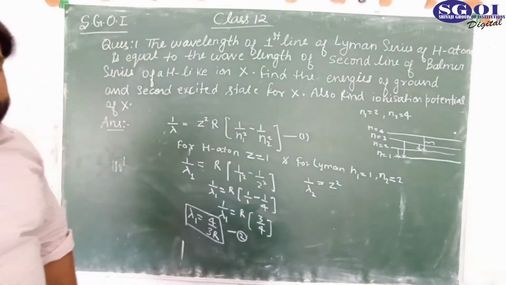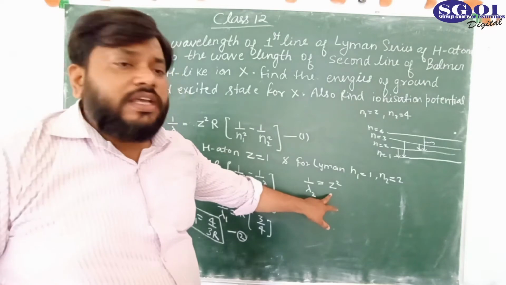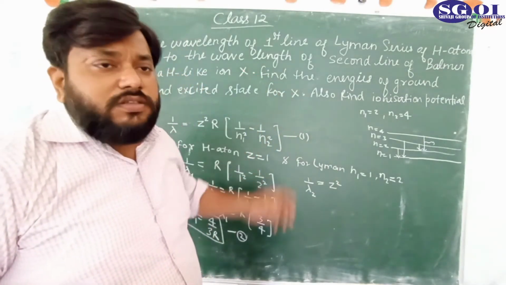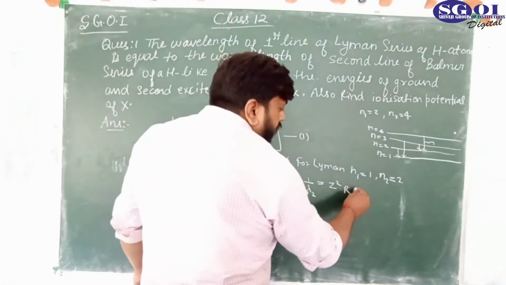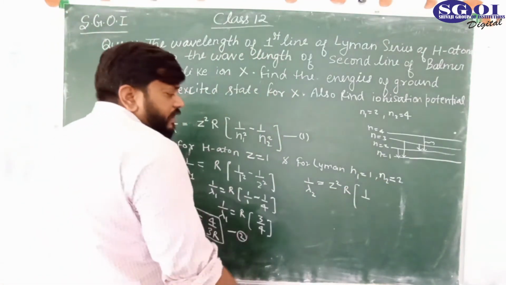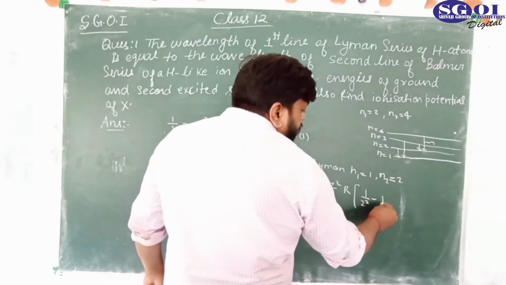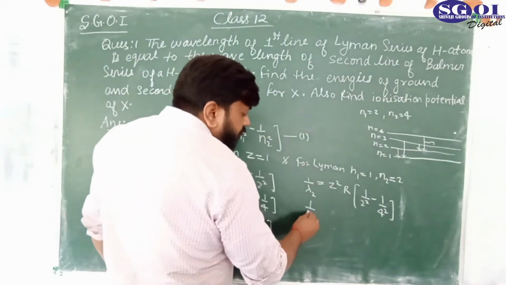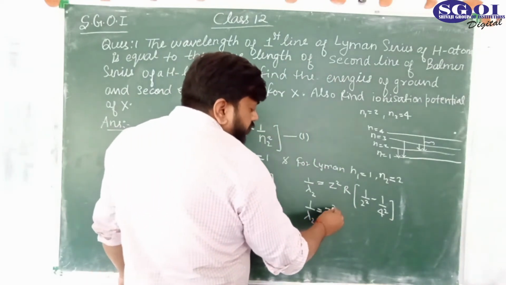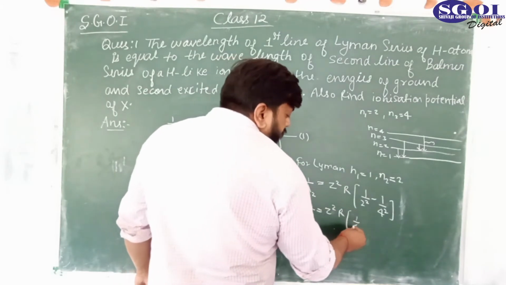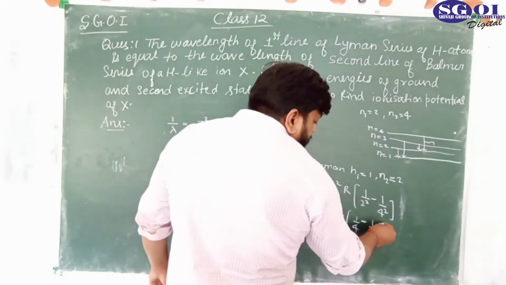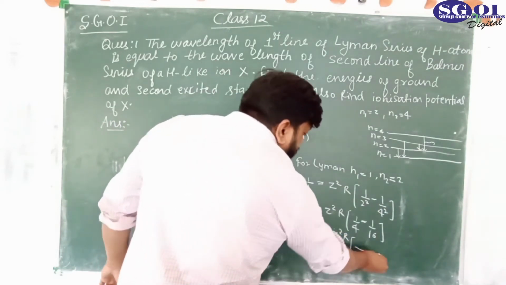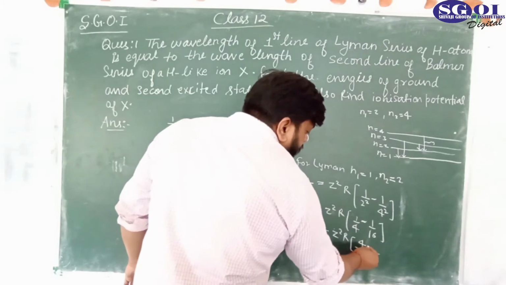We have to find Z so that we can get information about the ion X. So Z square R, 1 by 2 square minus 1 by 4 square. 1 by lambda 2 equal to Z square R, 1 by 4 minus 1 by 16, which is Z square R times 3 by 16.